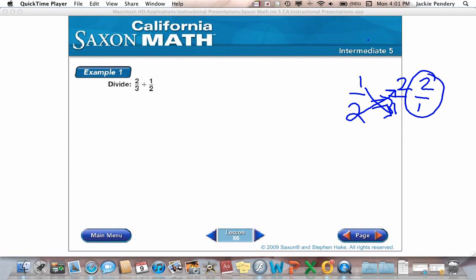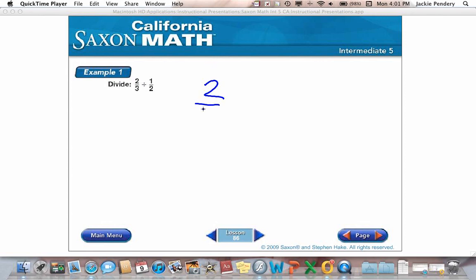Okay, so we're going to take that and we're going to look at this first problem. Divide 2/3 divided by 1/2. Okay, so what does this mean? This is actually asking me how many halves are there in 2/3.